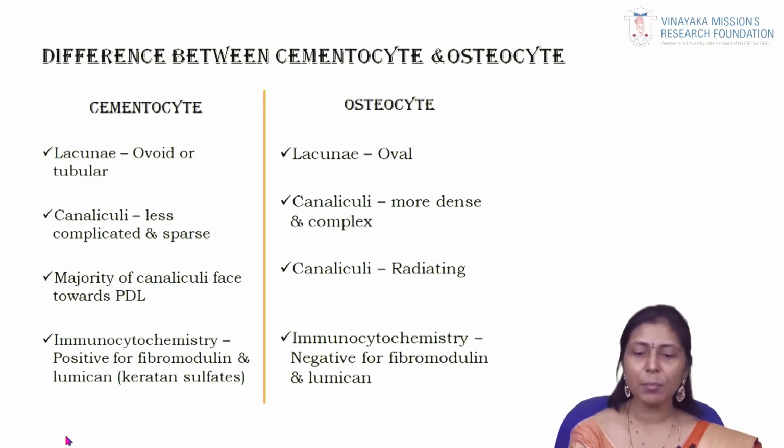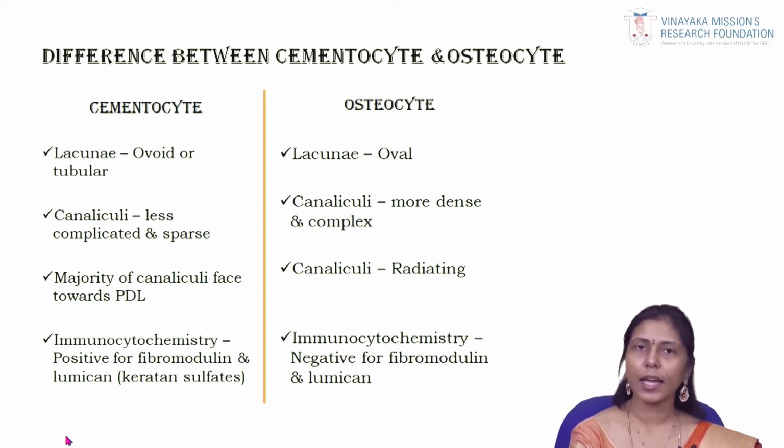What is the difference between cementocyte and osteocyte? In the case of cementocytes, the lacunae are ovoid or tubular, whereas in osteocytes they are oval. The canaliculi are less complicated and sparse in cementocytes, whereas in osteocytes the canaliculi are more dense and complex.